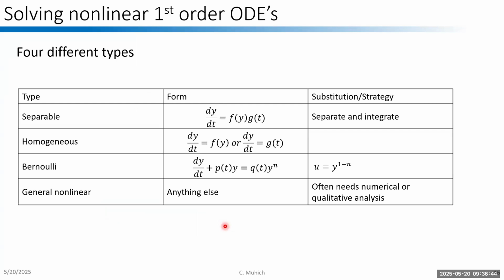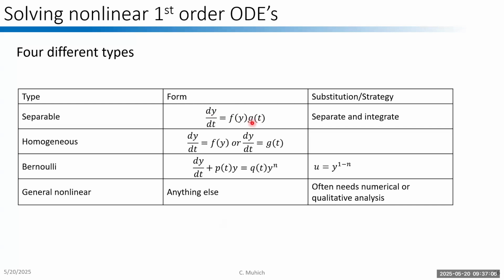Okay, let's move beyond linear first-order ODEs. There are 4 different types of nonlinear first-order ODEs. We have separable forms. So this would be dy/dt equals some function of y times some function of t.